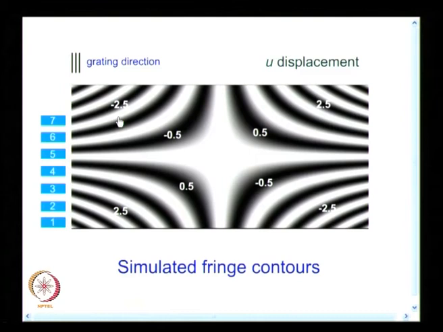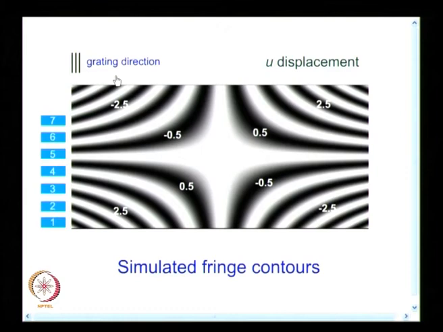This is the first observation. The second observation is that the fringe pattern comes with an indication of what grating direction has been used. When you go to moire, for me to reveal the displacement information, I have to use a grating, and the grating direction dictates what component of displacement I get.